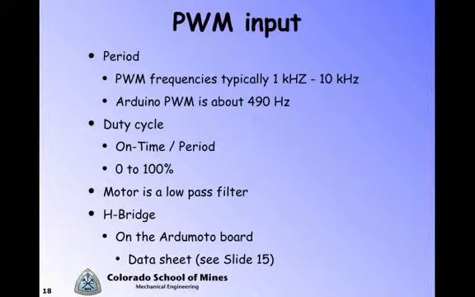The reason this all works is that the motor acts as a low-pass filter. In fact, the signal going to the motor is being turned on and off 490 times per second. But the motor, being an inductor and having a field created because of the current running through its windings, has some electrical inertia, and as a result it takes a little bit of time for the field to drain down.